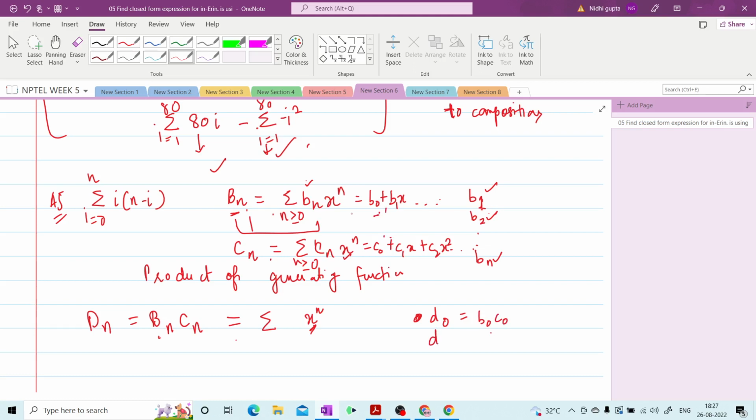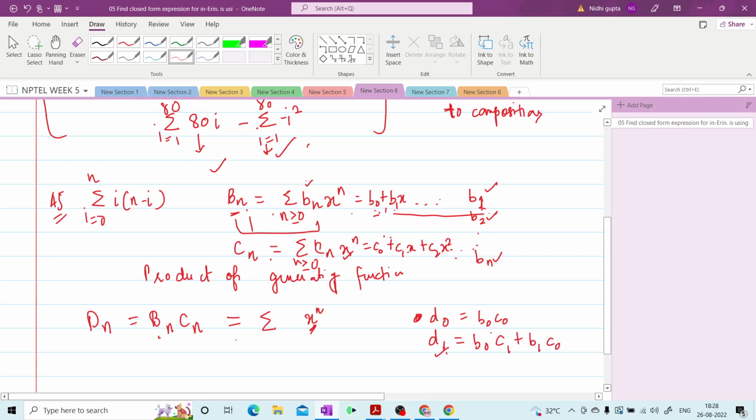And what is d1, the coefficient of x? When multiplying b0 plus b1x and so on with c0 plus c1x, the terms are b0 c1 plus b1 c0.